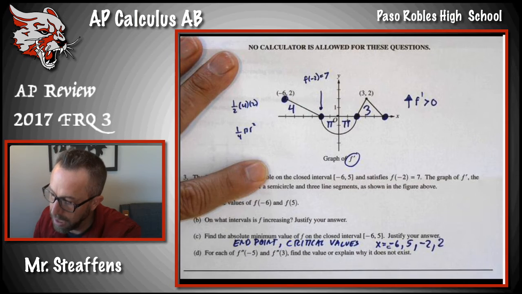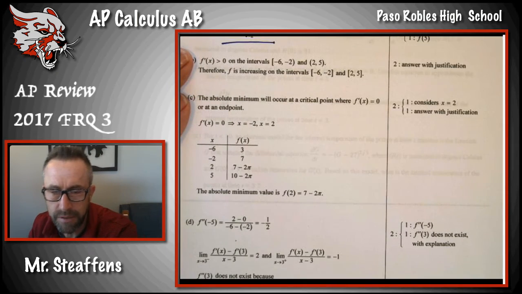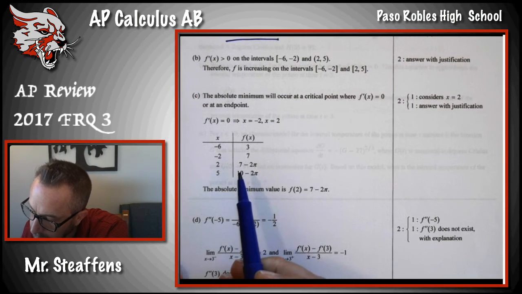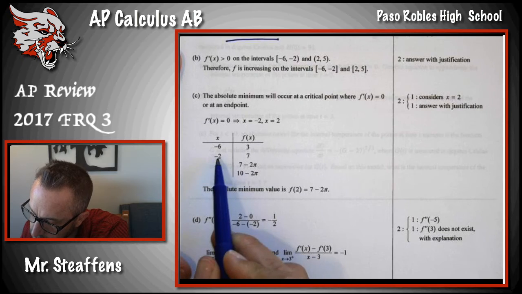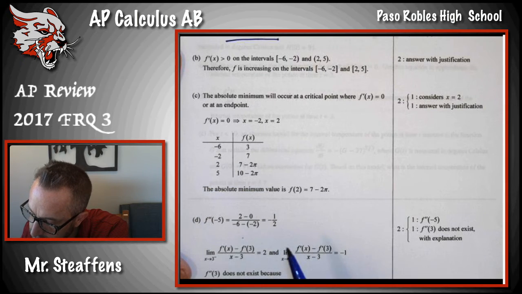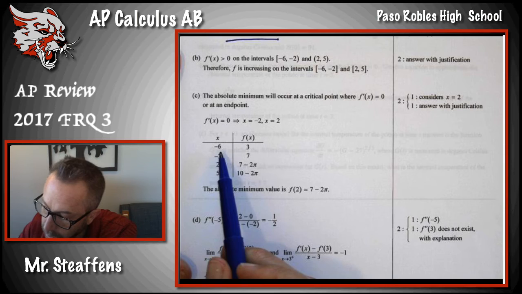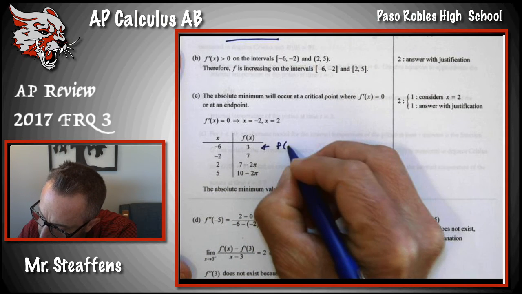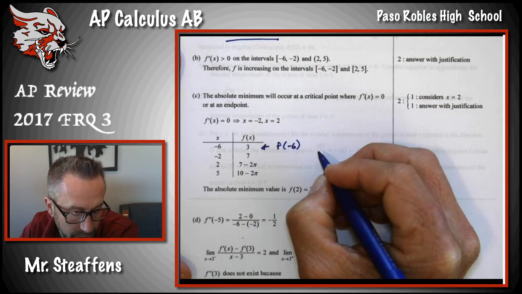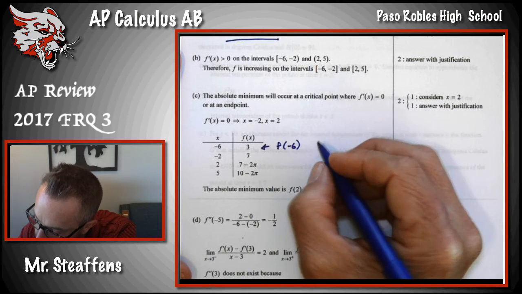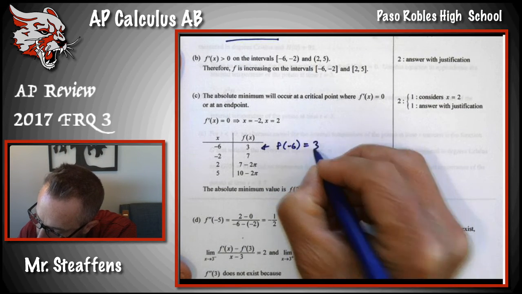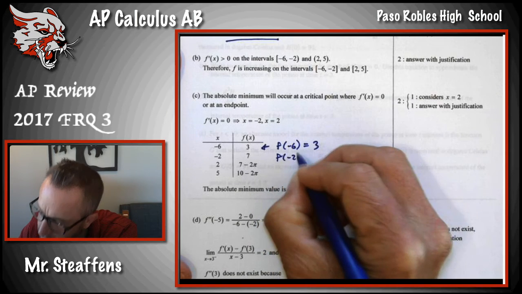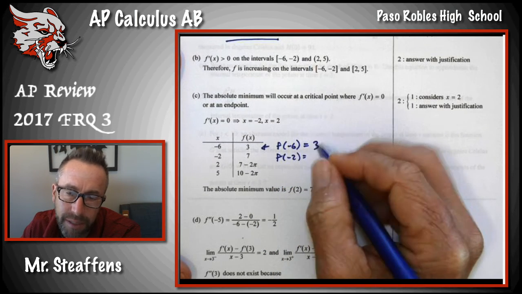So let's take a look at how they wrote it up. So here it is. It has -2 and 2, 5 and -6. So I'm going to plug all of these values, and the way they got these values here is they just went, hey, what's f of -6? I think we did that in the first problem. We got 3. Hey, what's f of -2? Hey, that was the given piece of information in the beginning.